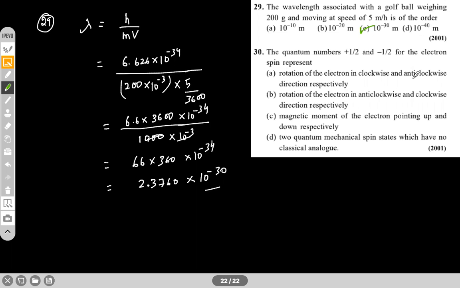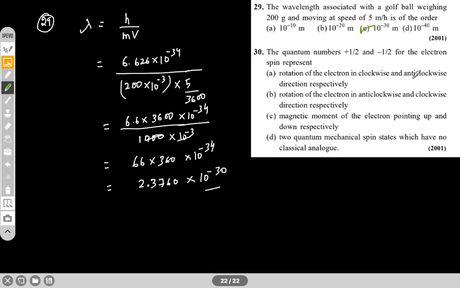If it is plus half, then the component of this spin angular momentum is along the direction of the magnetic field, and minus half is opposite to the direction of the magnetic field. So plus half and minus half represent the magnetic moment of electron pointing up and down respectively.